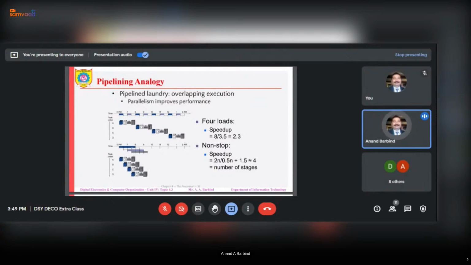So this will happen between 7:30 to 8, and at 8 o'clock everything will be finished with batch A. So batch B clothes will be stacked, batch C clothes will be pressed, batch D clothes will be dried. Like this, the process will go on, and finally at 9:30, all batch clothes are stacked.